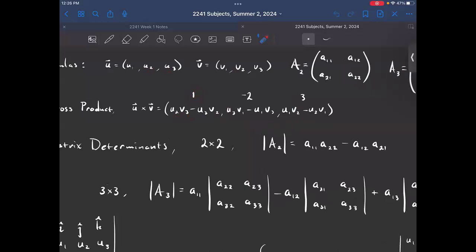And in what order do we have them? This is a subtraction, so the order matters. The first term that is not subtracted has 2 increasing to 3. And then the second term, which is subtracted, has 3 decreasing to 2. And everything is always in the order u, v.